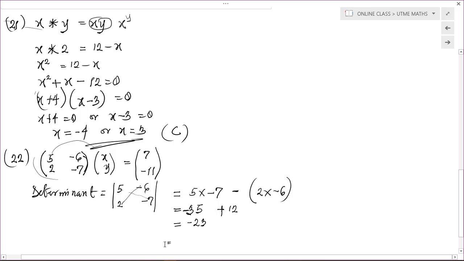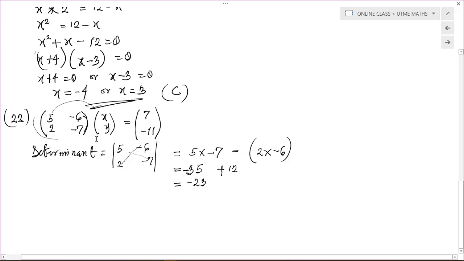So let's look at the next level. Now you have to replace this place, the minus 6 and minus 7, with the 7 and minus 11. This is the determinant for y.